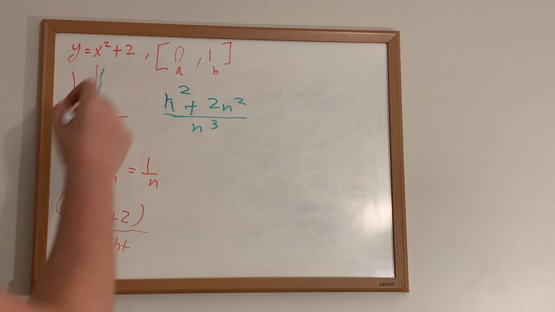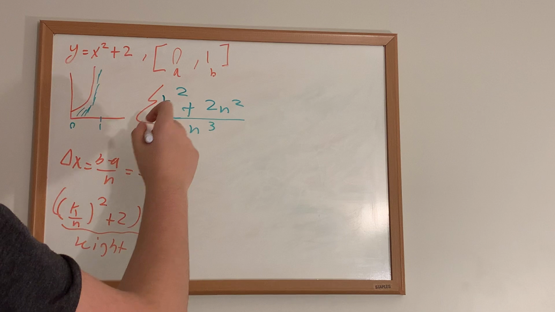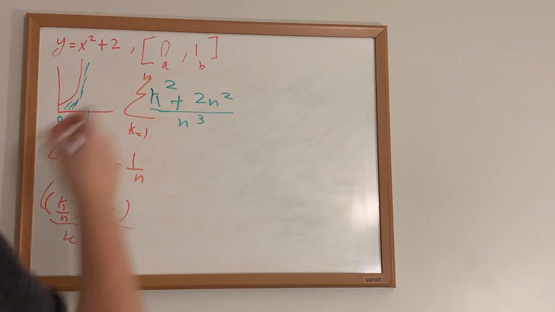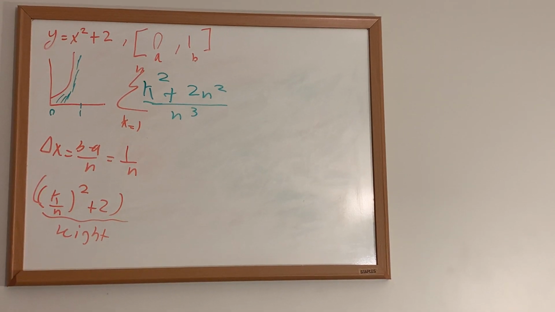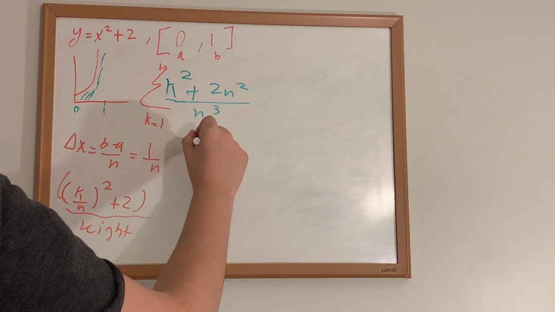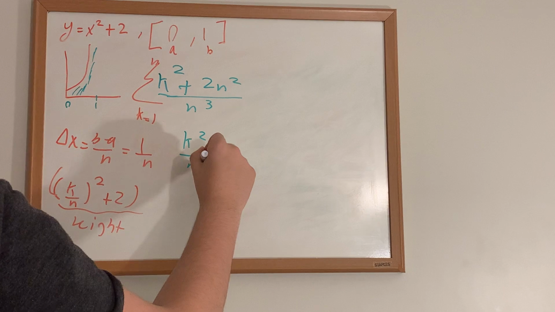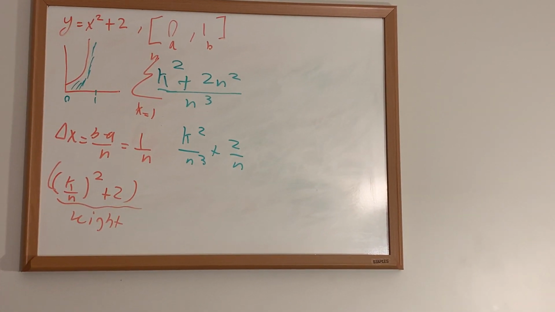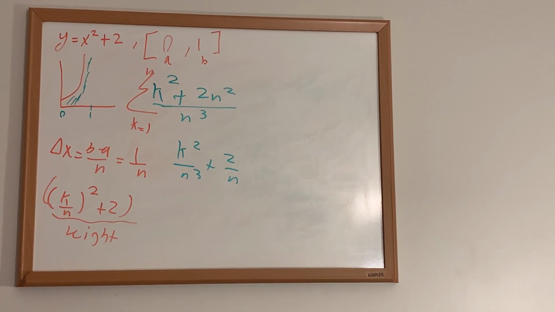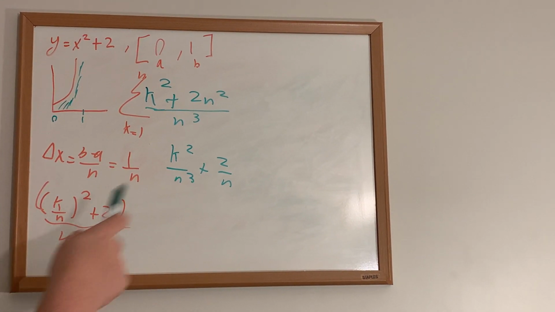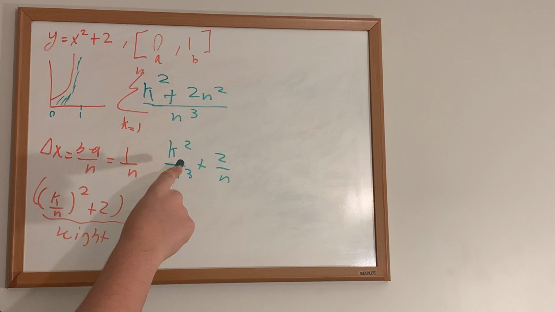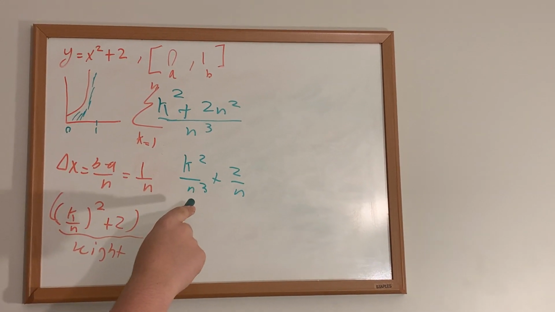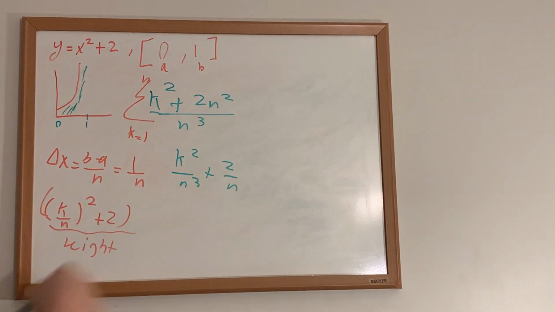So the next step is to evaluate the sum of this expression from k equals 1 to n. First, we should simplify this expression as k squared over n cubed plus 2 over n. Now we all know that we can take the sum of this expression individually. So we can take the sum of k squared over n cubed and then add it to the sum of 2 over n.